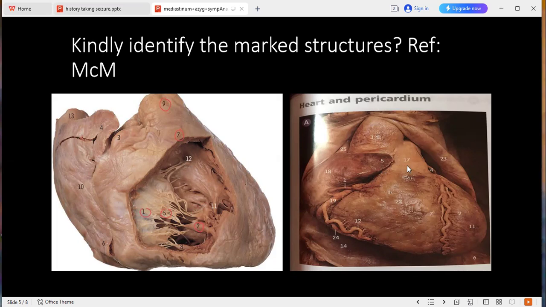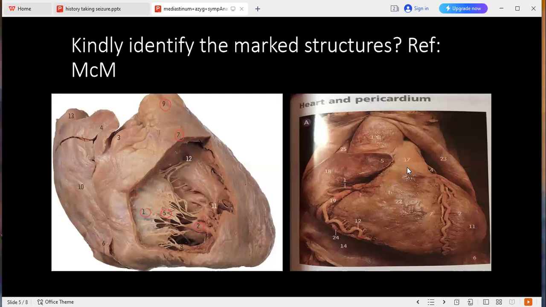Yes. All right. Can you please tell me the blood supply of the heart, please? So it gets blood supply from the right and left coronary artery, which are branches of the ascending aorta, and venous drainage is by 3 veins: anterior cardiac vein, great cardiac vein, and middle cardiac vein.